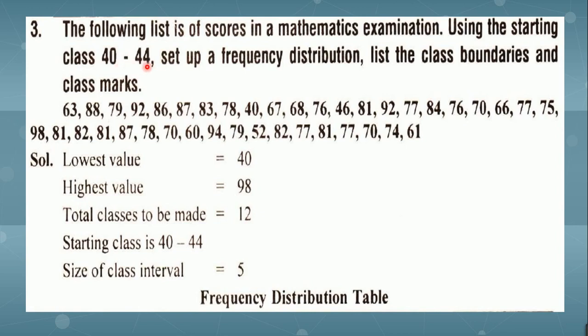Size of class is 5. So smallest number is 40 and highest number is 98, and size of class is 5. So total number of classes to be made is equal to 12.